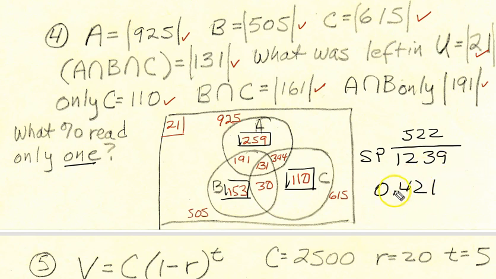But we need to change this decimal fraction to a percent, which becomes 42.1%. And that would be the answer to this one. Now this one was very tedious. I did this one in another video in more detail, and you're welcome, of course, to look at that as well.